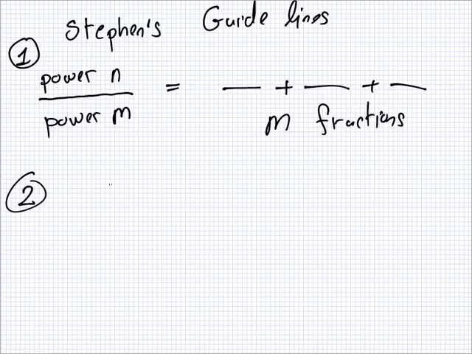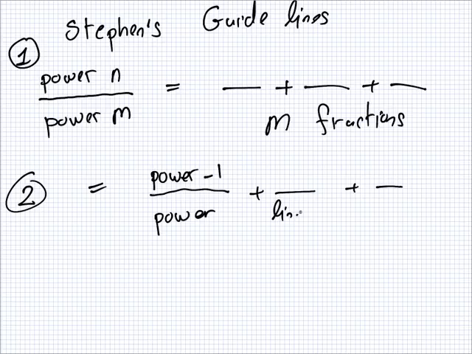Second, when you look at the pieces on the right, if I have a power here, then what you have on the top should be 1 power less. So for example, if this was a linear, what should you have on the top?